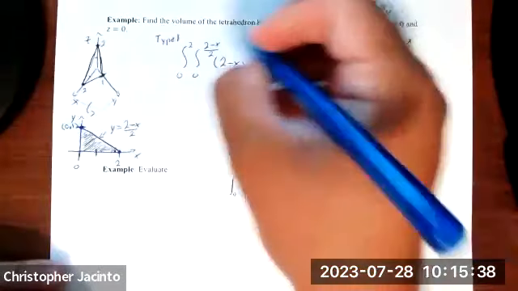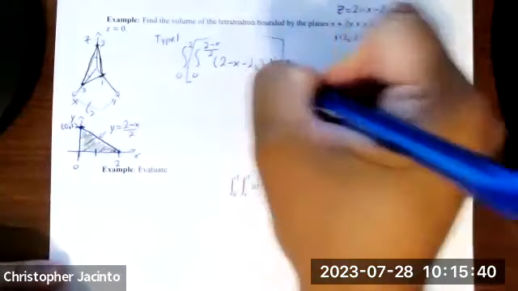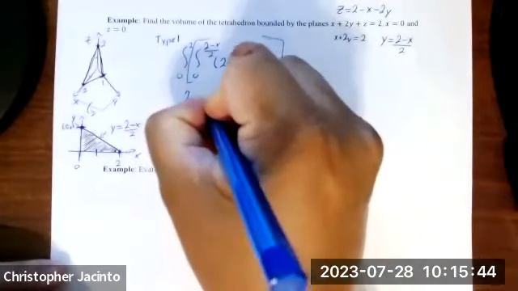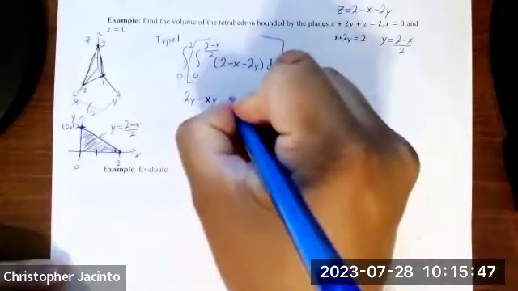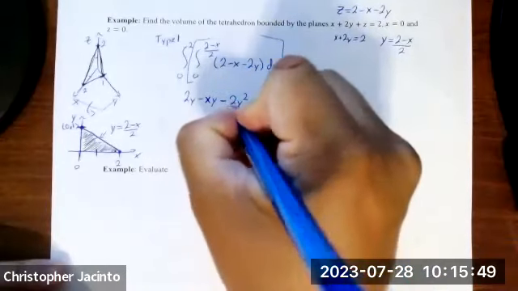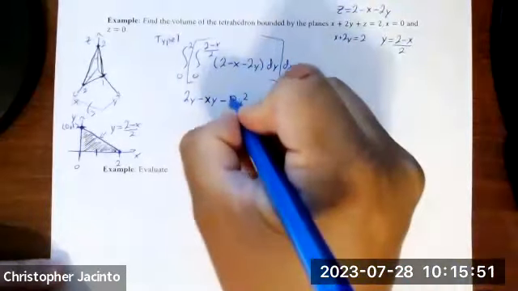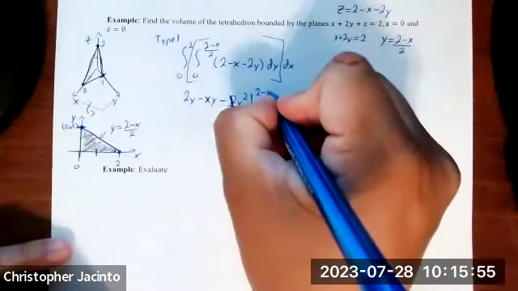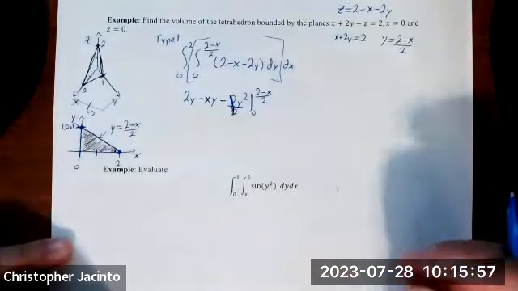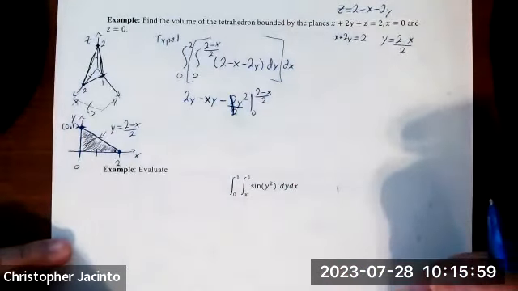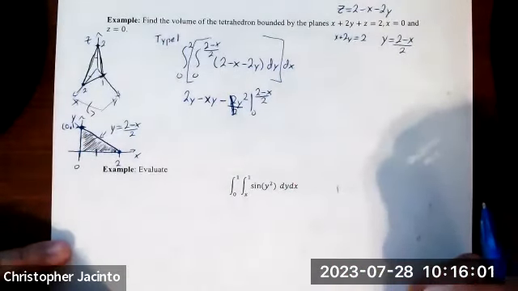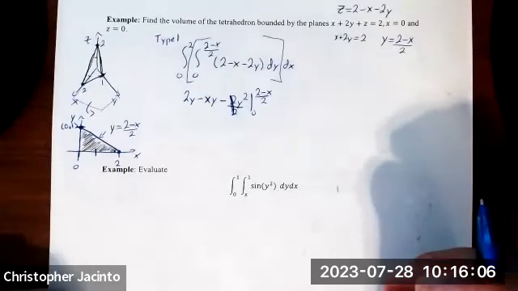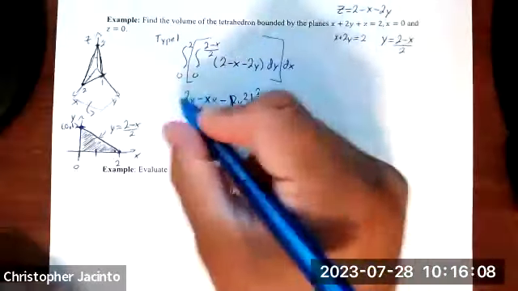All right, so integrate with respect to y. This is going to be 2y minus xy minus 2y squared over 2, evaluated at 0 and 2 minus x over 2. So 0, all go 0.